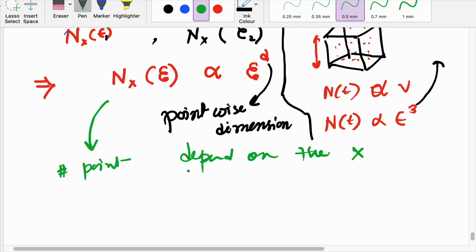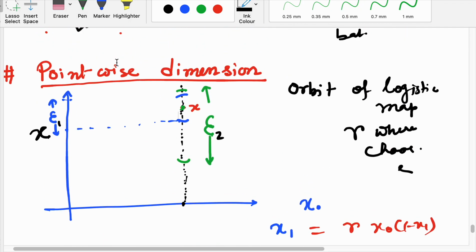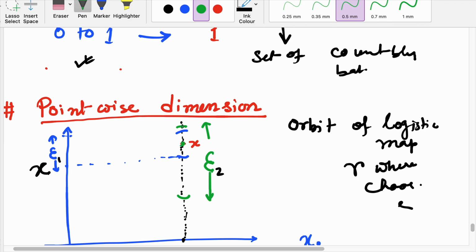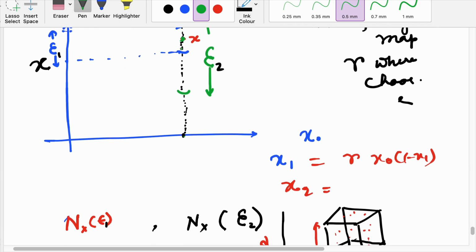It is actually going to matter much, because suppose I consider this point x, and in its neighborhood of epsilon it will be epsilon by 2 here and epsilon by 2 here.